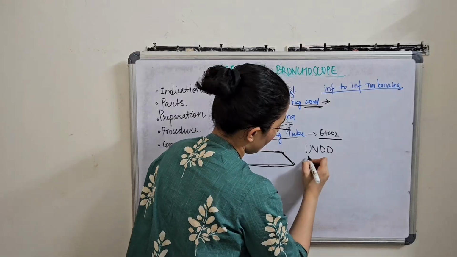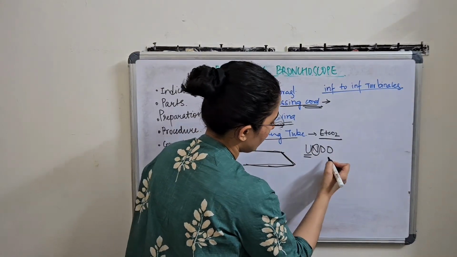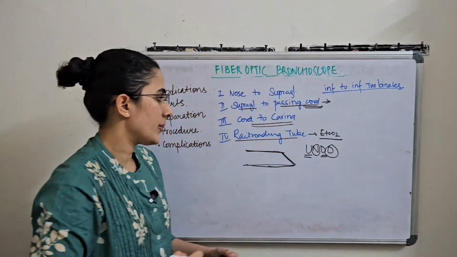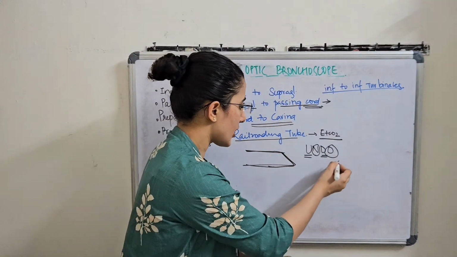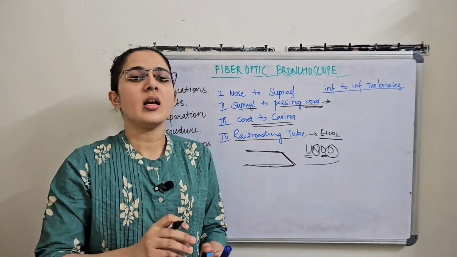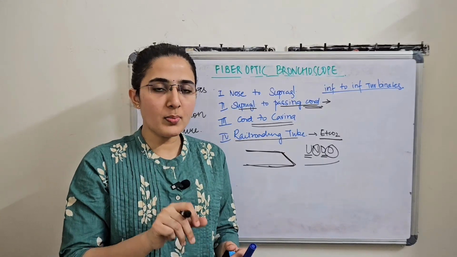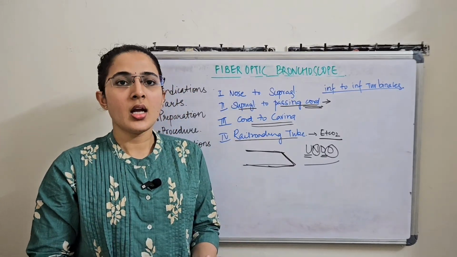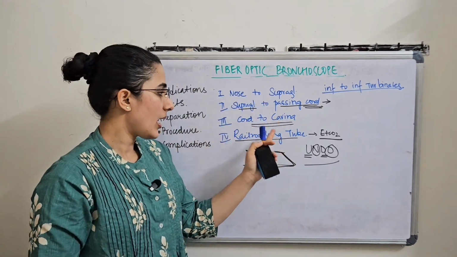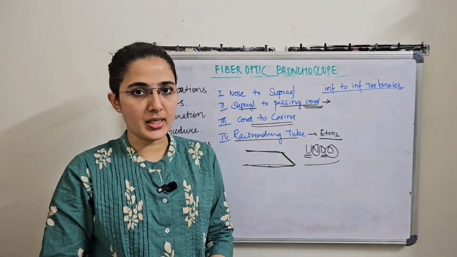Undo maneuver means bevel up of the ET tube in nasal intubation and bevel down in case of oral intubation. This is a technique which can be followed. Also, if you are encountering some resistance, withdraw the ET tube and rotate it, and you can try to pass the ET tube under vision. So these are the basic steps which we have to follow while doing the procedure of a fiber optic intubation.